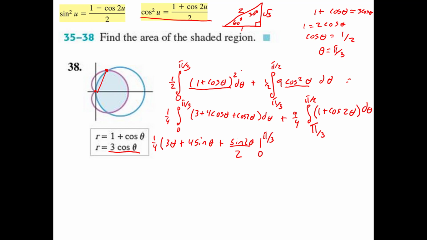And then plus 9/4 times theta plus sine of 2 theta over 2, evaluated from pi over 3 to pi over 2.